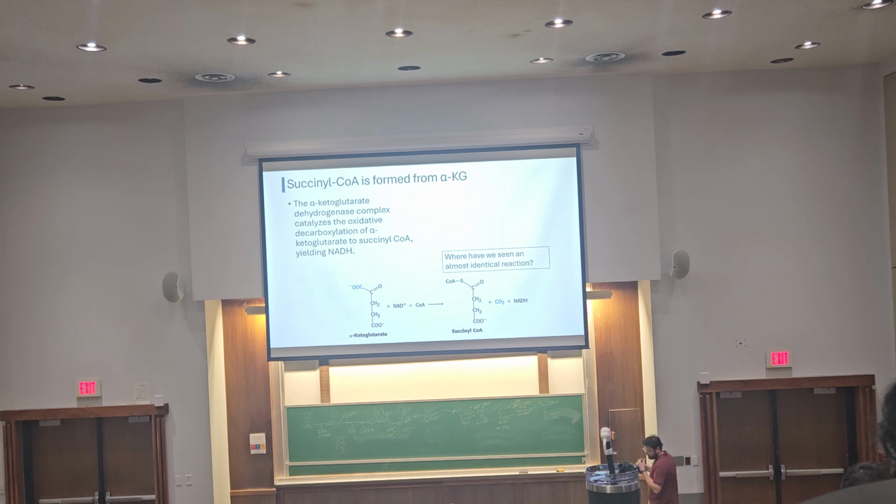It's millions of daltons, okay? Alpha-ketoglutarate dehydrogenase looks almost identical. It's also over 1 million daltons, okay? It's also regulated in the same way, and it produces the same outcome. Only difference is we started with the alpha keto acid, alpha-ketoglutarate, instead of pyruvate, and we end with succinyl-CoA instead of acetyl-CoA.